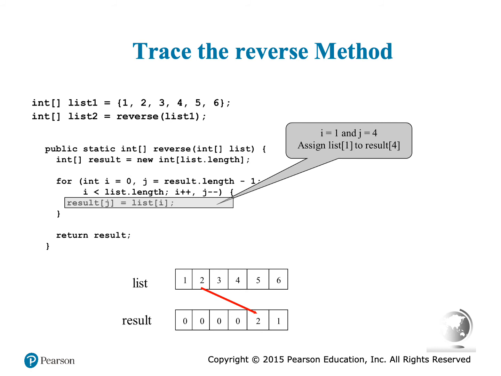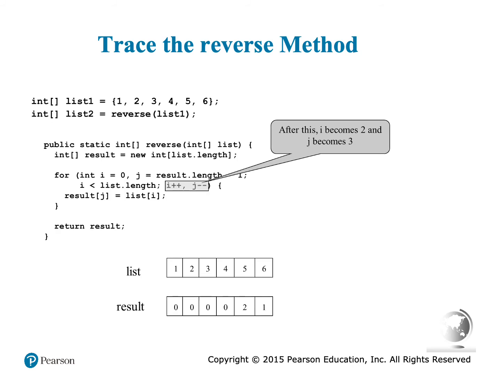The value in list sub 1 gets assigned into result sub 4. I gets incremented to 2 and J gets decremented to 3.